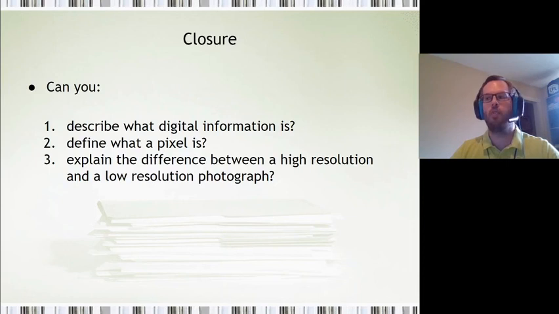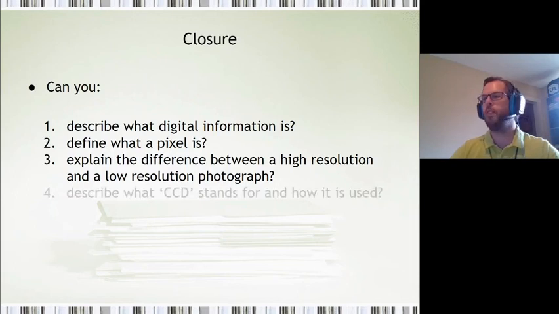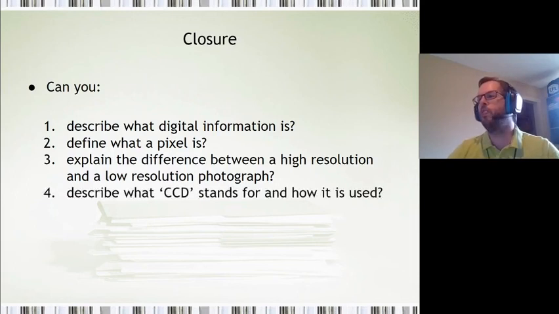So it's really important that the image size stays the same. Same image size with lots of pixels, better quality. Same image size with fewer pixels that are larger, less resolution. And then number four, make sure that you understand that CCD stands for charged coupled device. It is basically the sensor on a camera that takes the light information and converts it into digital information that can be stored and transmitted.